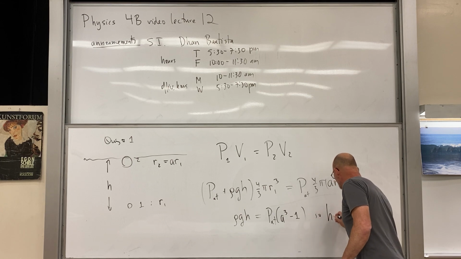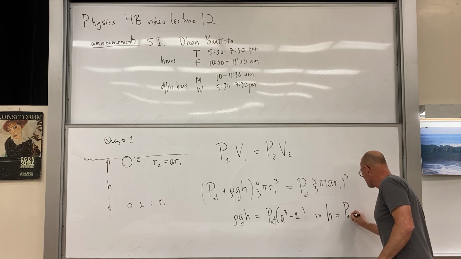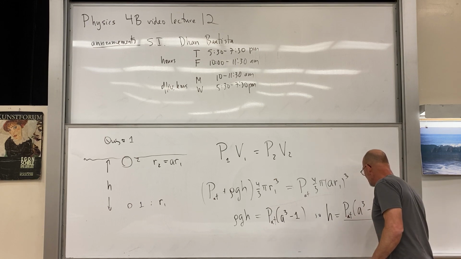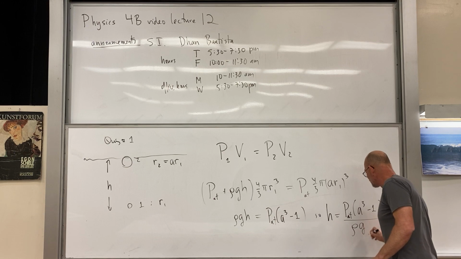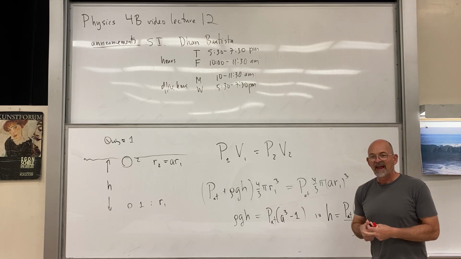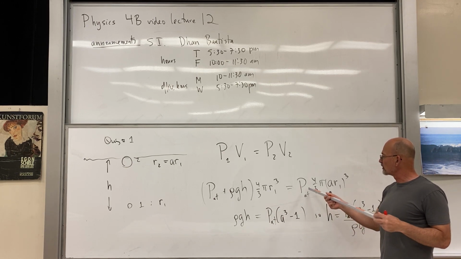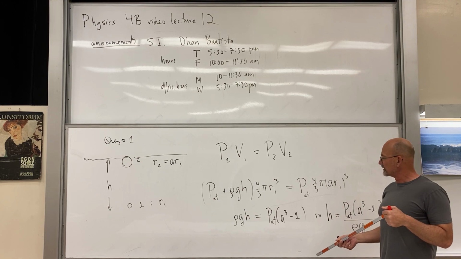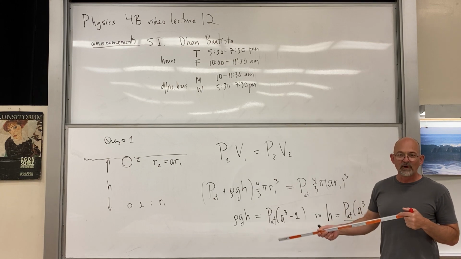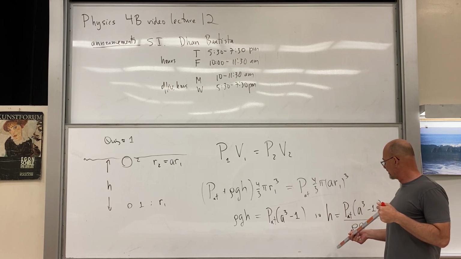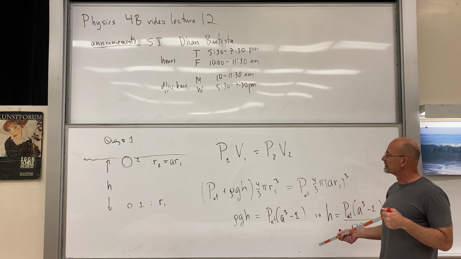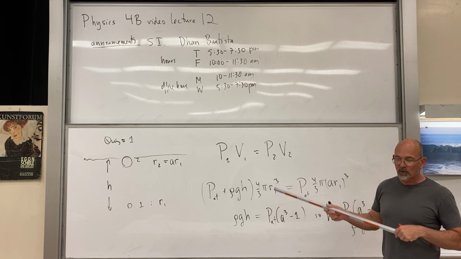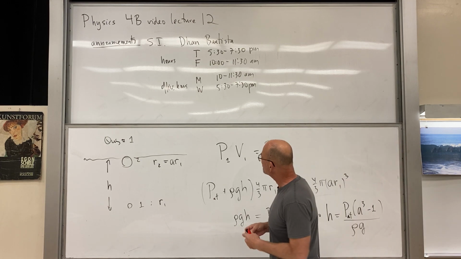So h was equal to the atmospheric pressure, A cubed minus 1, divided by density of water times g. The program I'm using, I set it for a 3% accuracy. So you can't round too drastically, but 3% is pretty generous in a thing like this. Good, so that's how it went. Let me know if you have any more questions on that.